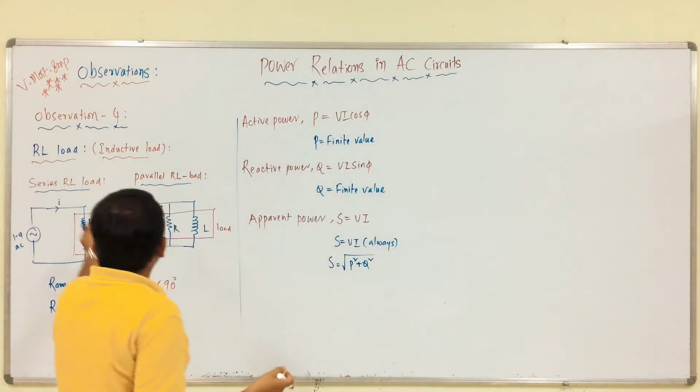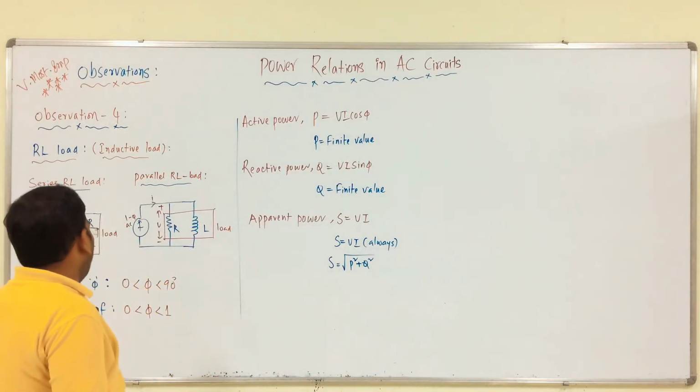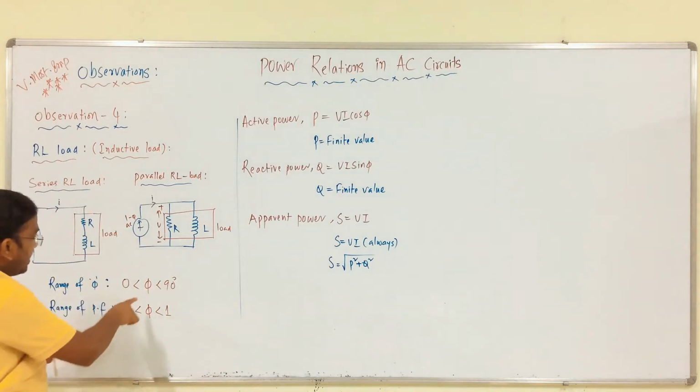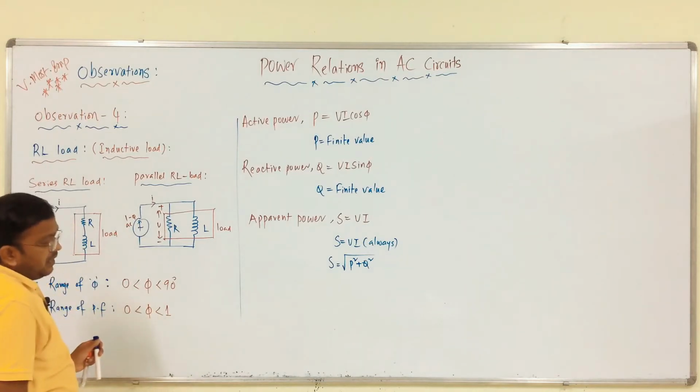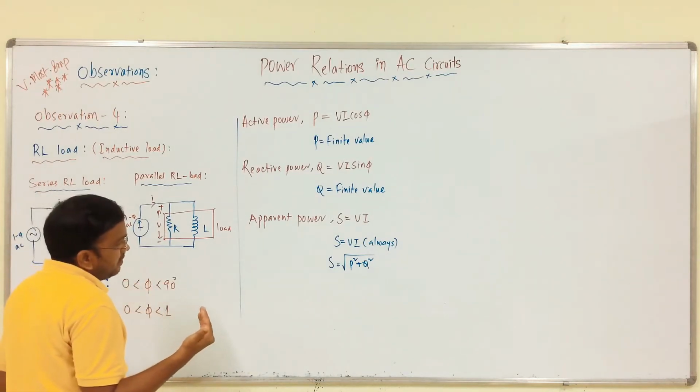So, this is about series RL load and parallel RL load, but here the phase angle lies between 0 and 90 and cos phi lies between 0 and 1. What is the actual value of the phase angle?